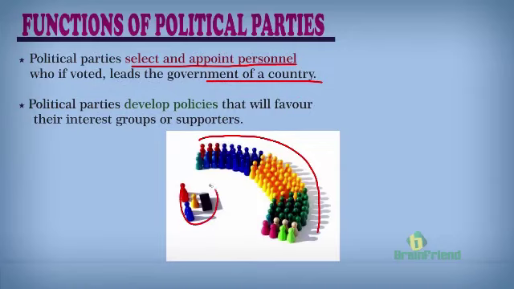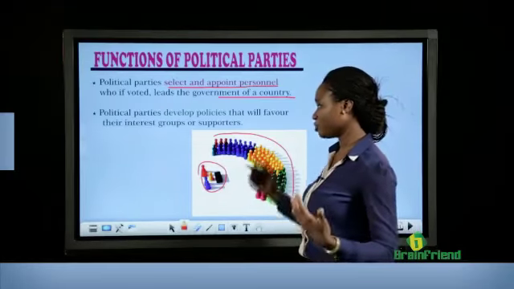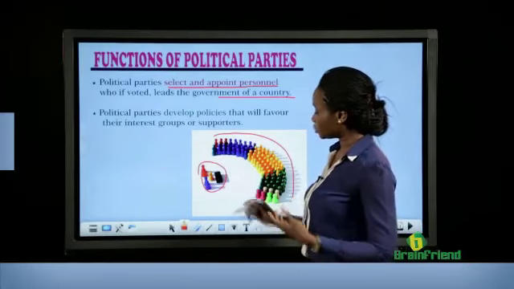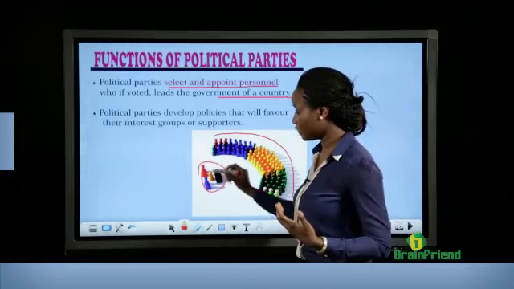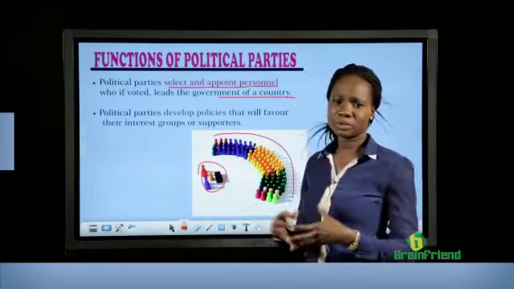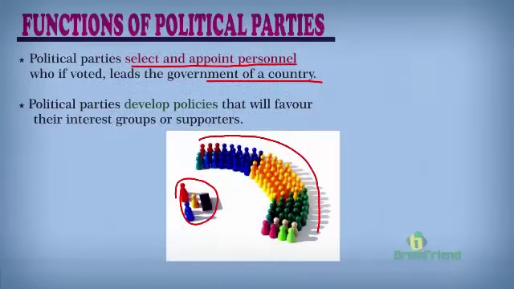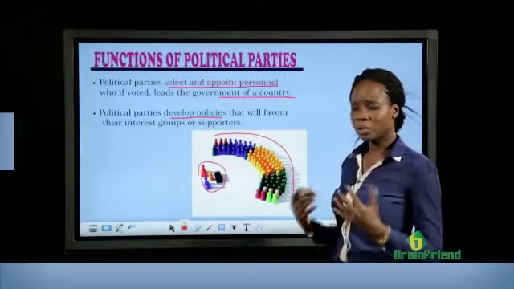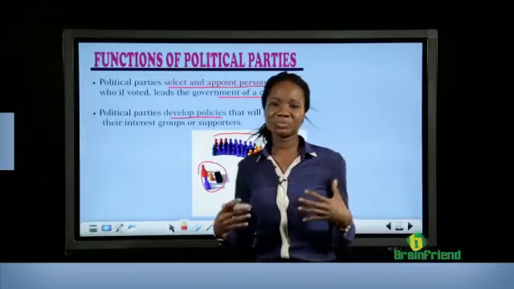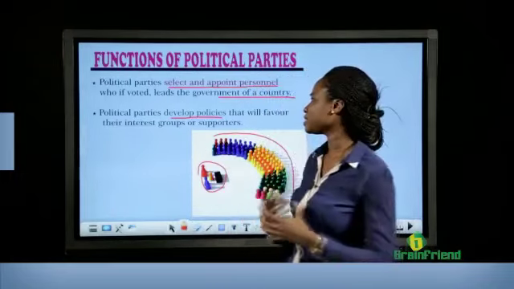And these persons have been picked out and selected to represent the party. So if these ones eventually win in the elections, they occupy those positions and gain control over the government. Also, the political party develops policies. And these policies they develop are policies that will favor their members and even the society at large.